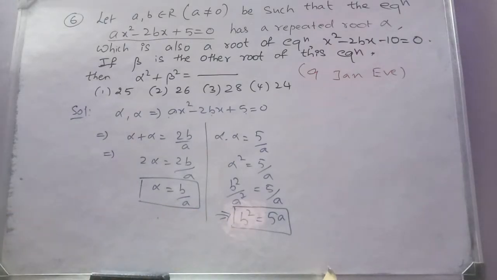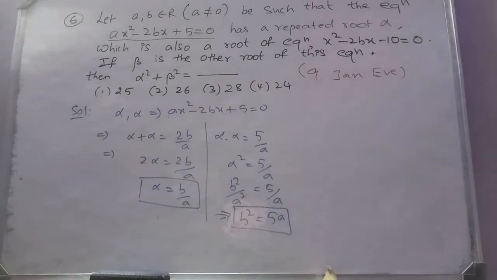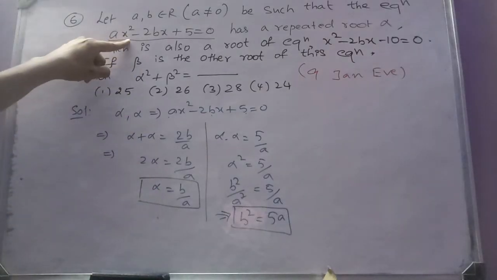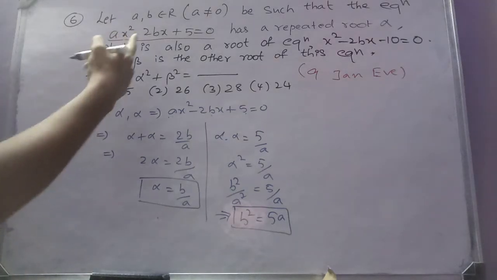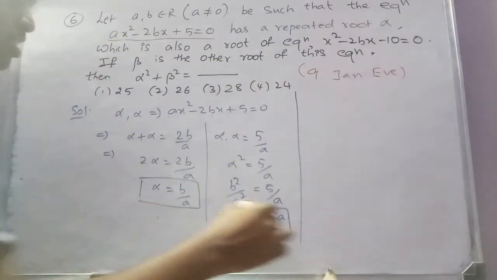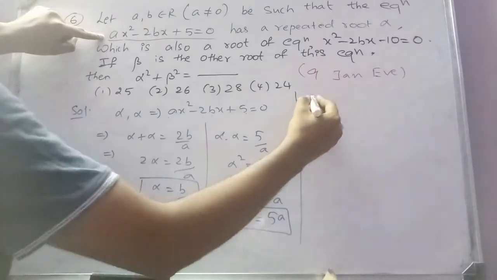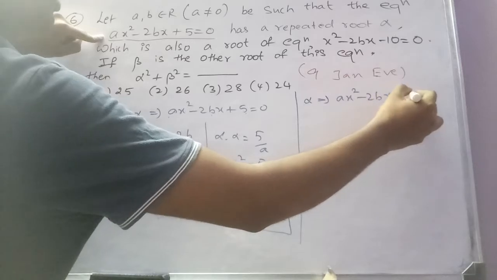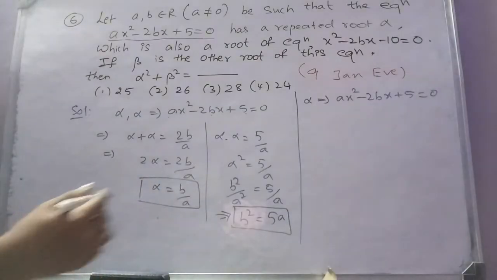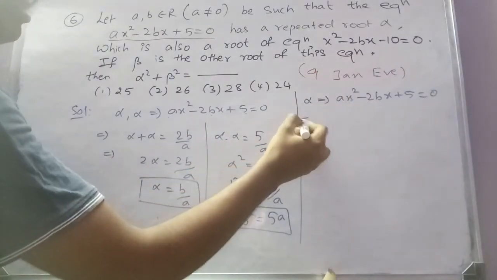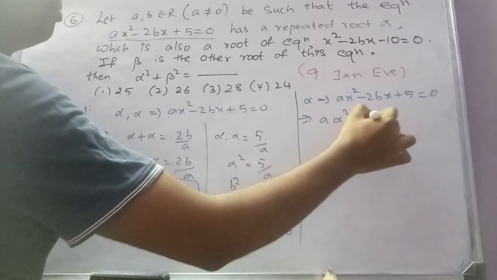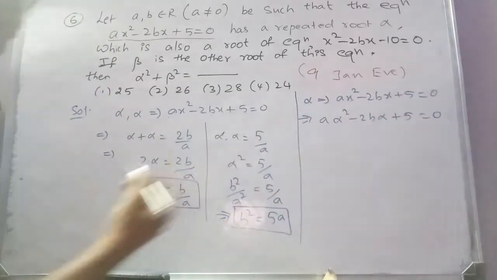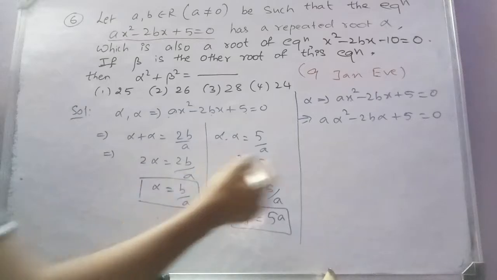Next, dear students, alpha is a root of the first equation, right? So in place of x, I can substitute alpha. You can go for first equation or you can go to second equation, that is your wish. So alpha is a root of the first equation ax square minus 2bx plus 5 equal to 0. So in place of x I can take alpha. You'll get a alpha square minus 2b alpha plus 5 equal to 0. And again in place of alpha I can take b by a.